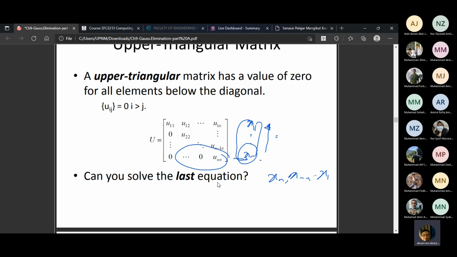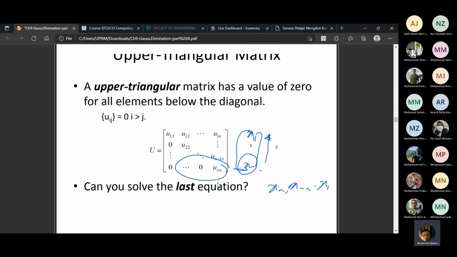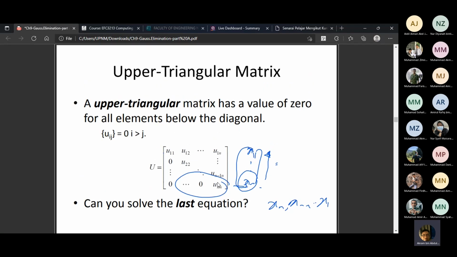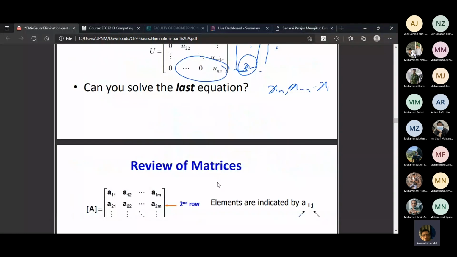So this upper and lower triangular tu, we will use this a lot when we discuss about one of the methods that are available if we want to solve system of linear equation using numerical method. So bila kita tengok Gauss elimination nanti nak tengok dekat LU decomposition, kita akan gunakan this lower triangular dengan upper triangular matrix ni dengan lebih meluas lah.